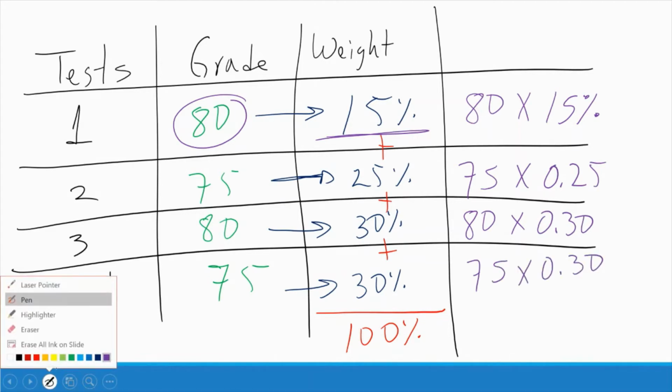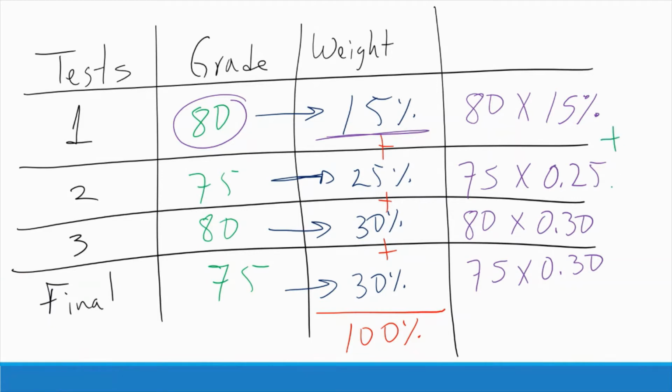So once you get all of those numbers, you add them together. So you're taking 15% of the first grade plus 25% of the second grade plus 30% of the third grade plus 30% of the final grade. All of them together, 15% plus 25% plus 30 plus 30 gives you 100% of your final grade.